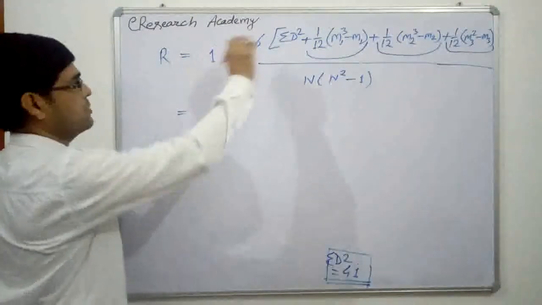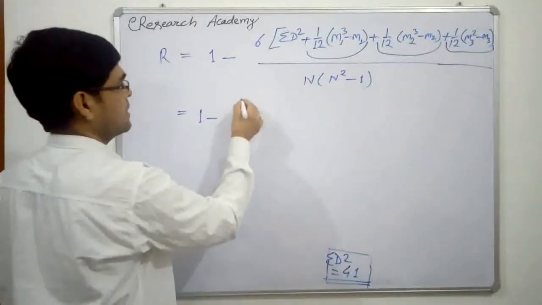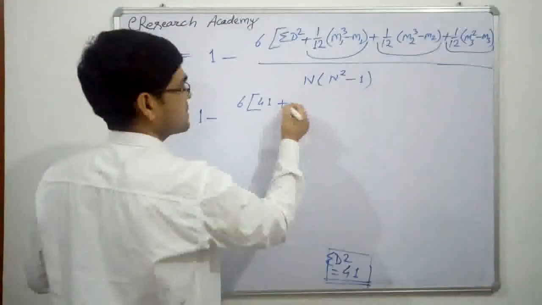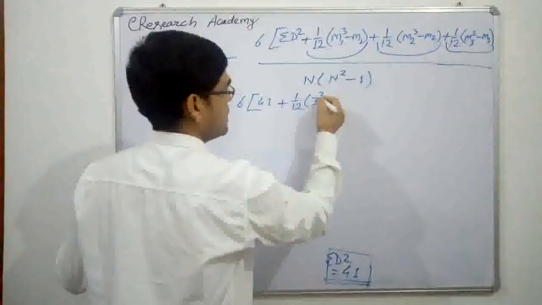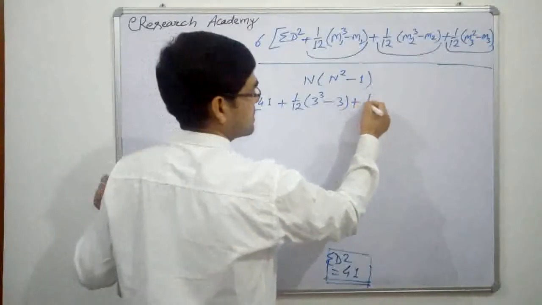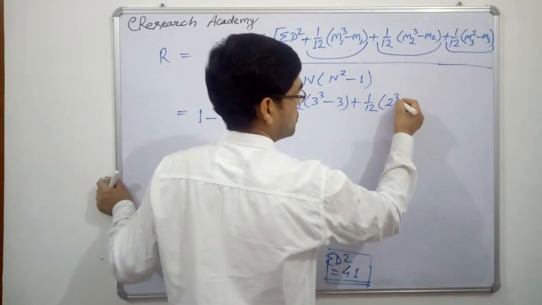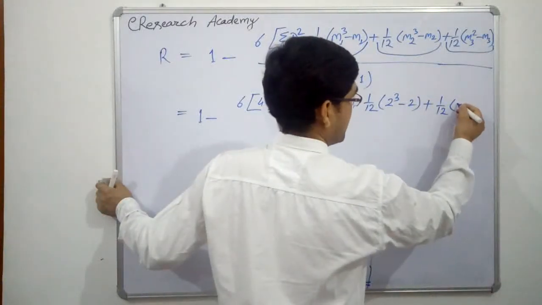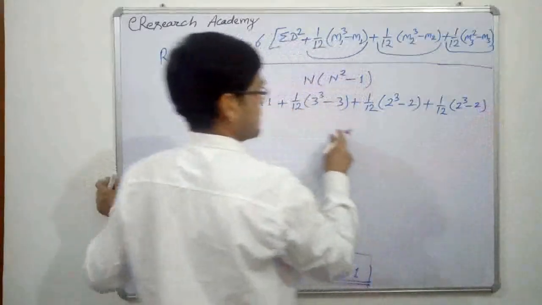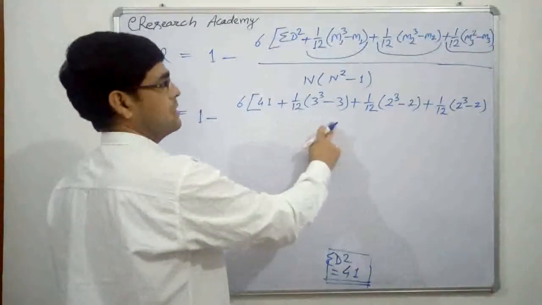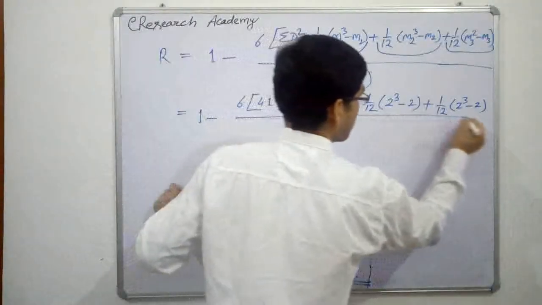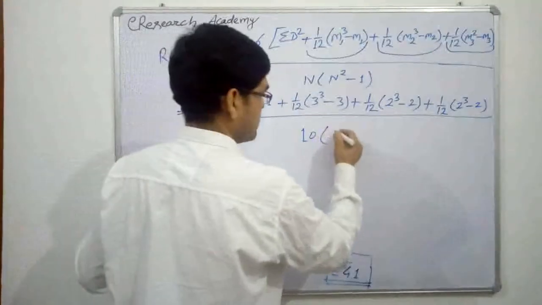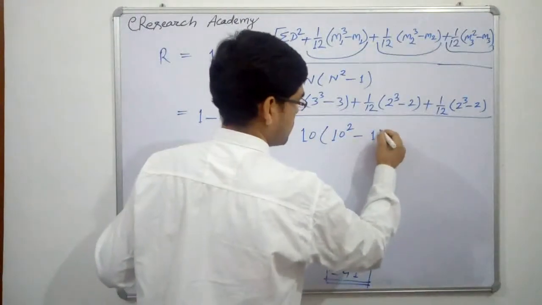So now substituting the values in the formula, we get 1 minus 6 times (sigma d square, we have 41, plus 1 by 12 (m1 we have 3 cube minus 3) plus 1 by 12 (m2 we have 2 cube minus 2) plus again 1 by 12 (m3 we have 2 cube minus 2)), upon 10 times (10 square minus 1).